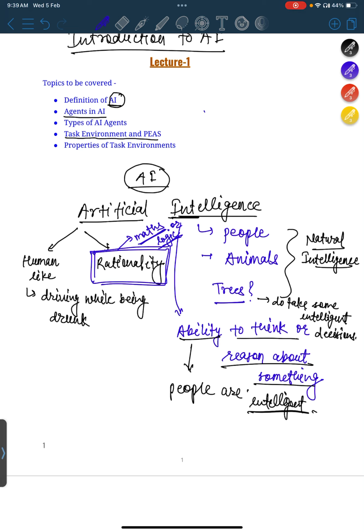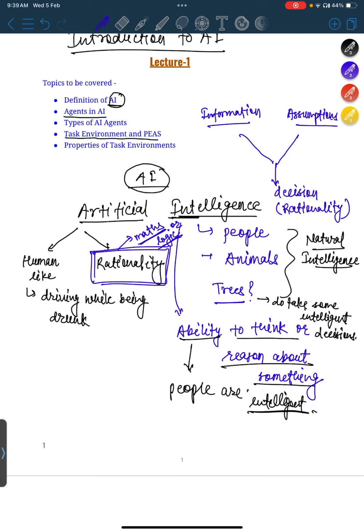Information and assumptions, these two things led to a decision, which was the decision taken by the AI system. So we are defining this as a rational decision or rationality. Since we have categorized our AI systems into two parts, one is human-like behavior and the other is rational behavior.